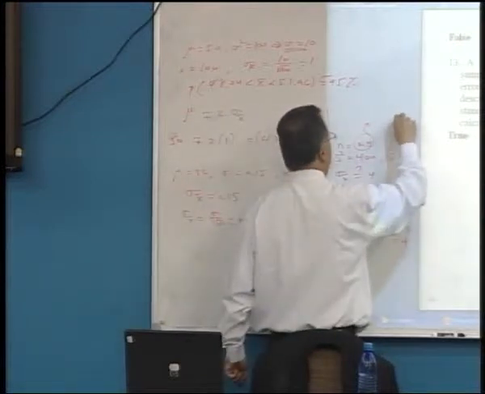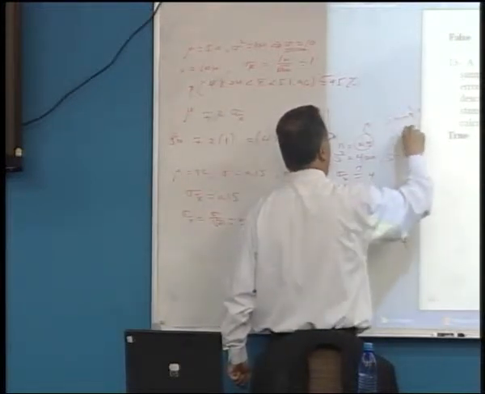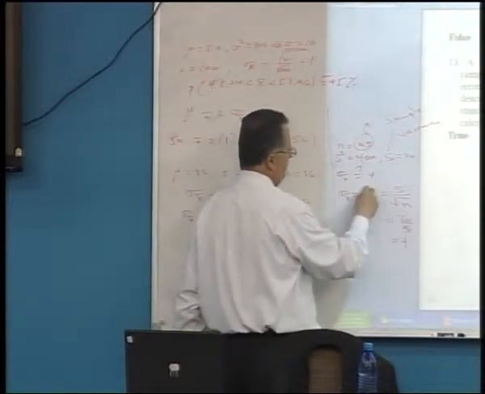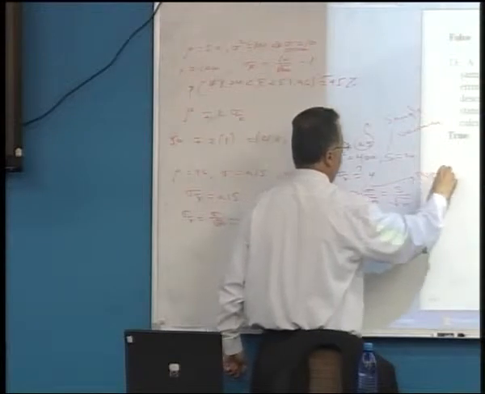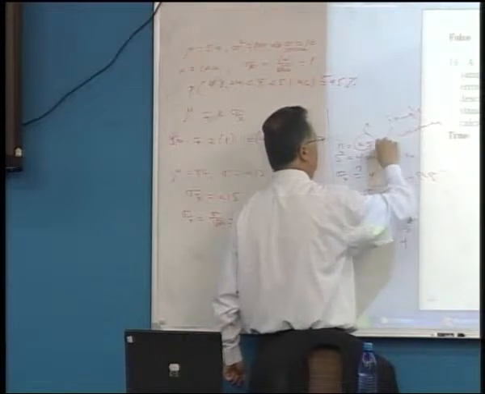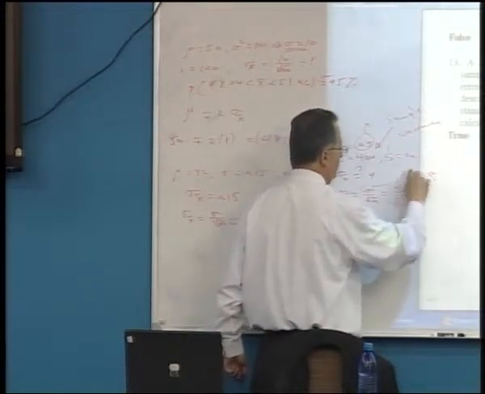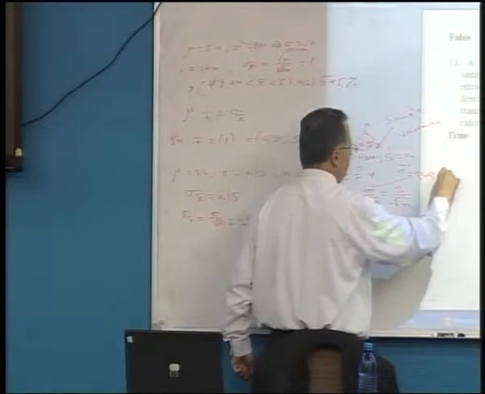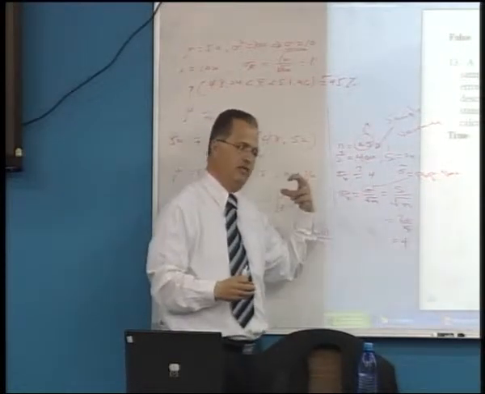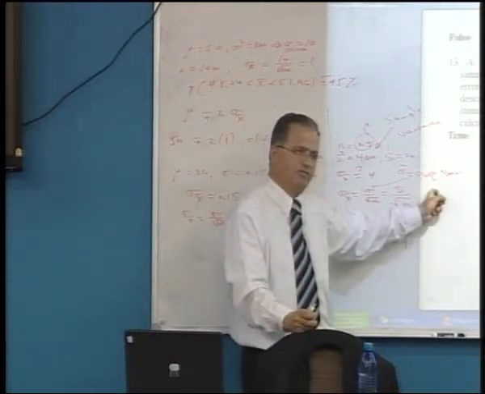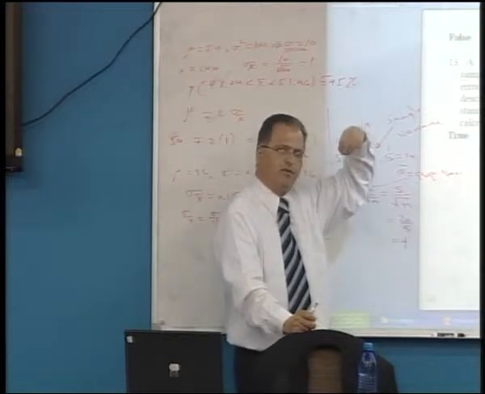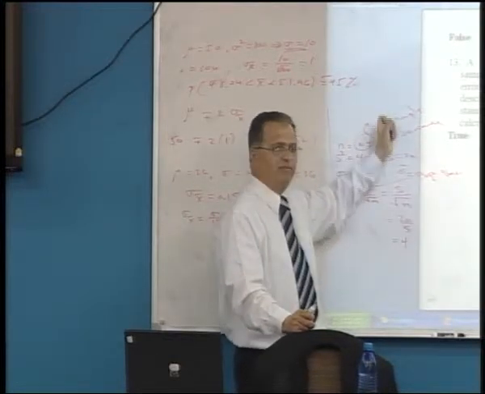S squared is the sample variance, whereas sigma squared is the population variance. And the population variance in this case is not given. So we replace the population variance by the sample variance.